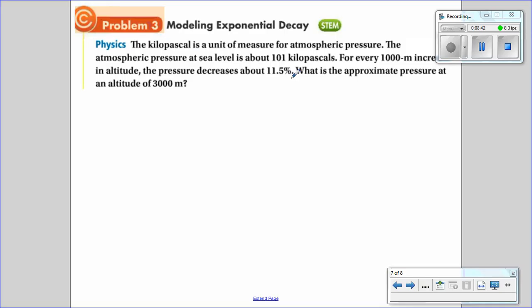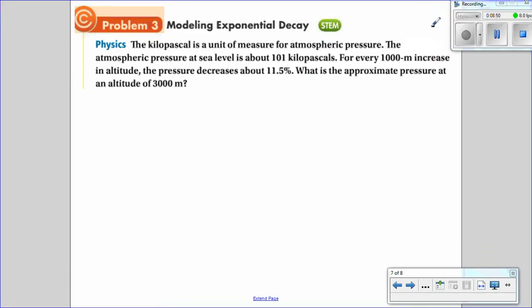Pressure at sea level is 101. And for every 1,000 meters increase in altitude, the pressure decreases about 11.5%. We're wondering what's the approximate pressure at an altitude of 3,000.